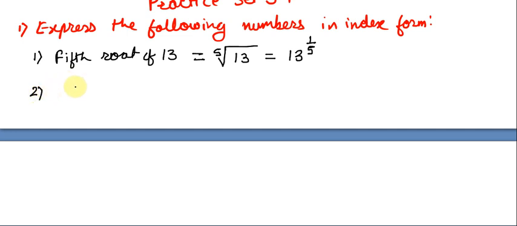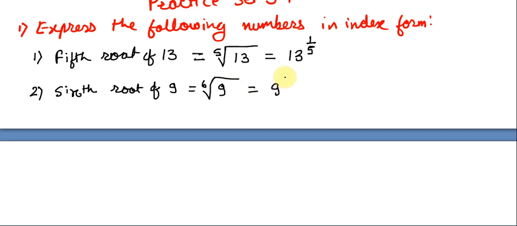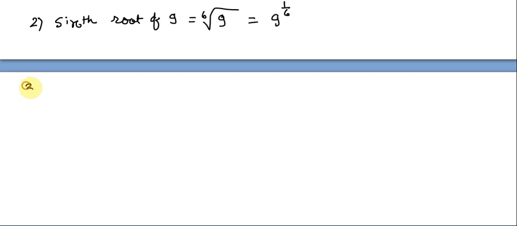Second example is sixth root of 9. It is written as sixth root of 9 equal to 9 raised to power 1 upon 6. Third one is square root of 256.